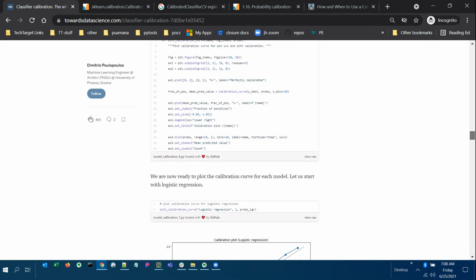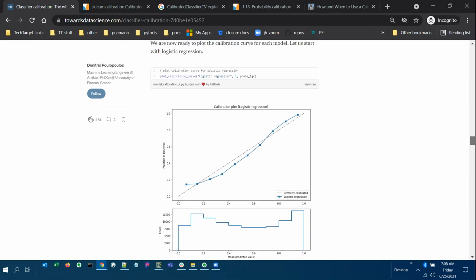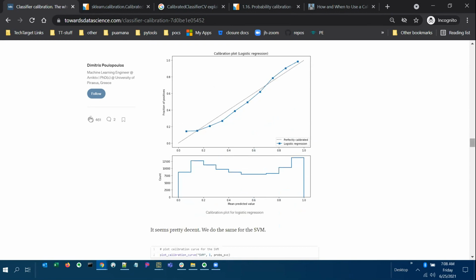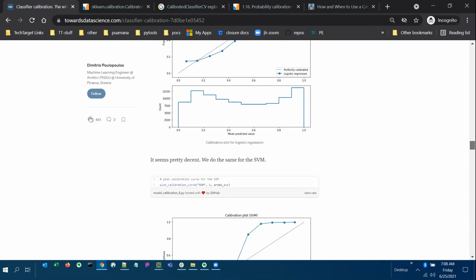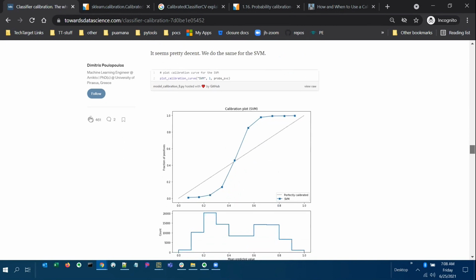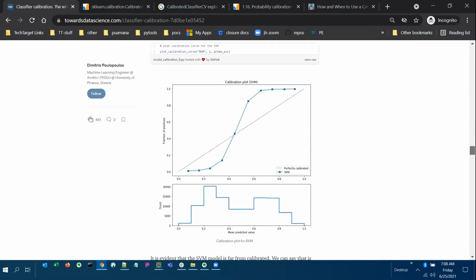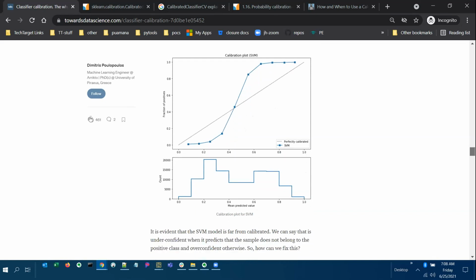You run calibration on it and you can generate this graph. The SVM for the same data, I don't know what kind of classifier it is, but it's a binary or some sort of multi-class classifier.